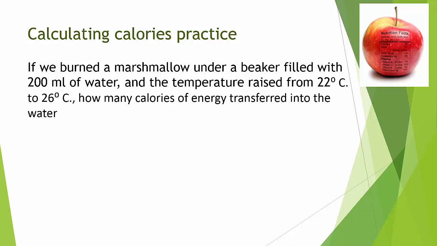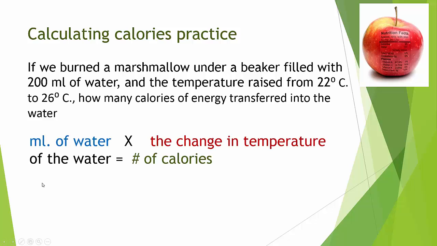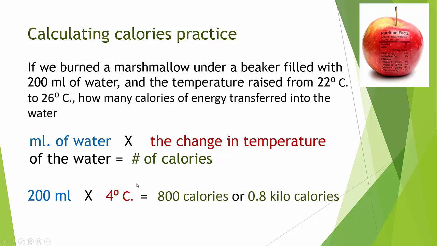5, 4, 3, 2, 1. Okay, here we go. So our formula is that the milliliters of water multiplied times the change in temperature of the water equals the number of calories. So let's plug in the numbers. We have 200 milliliters of water times the 4 degrees change in temperature, because it went from 22 to 26.